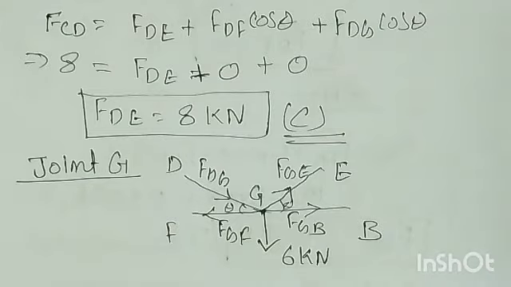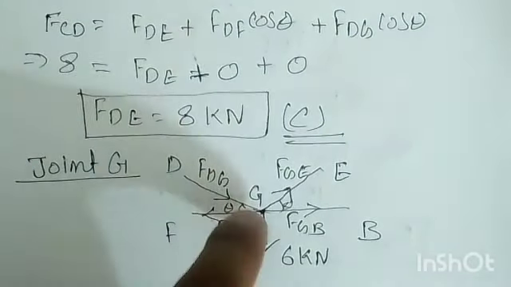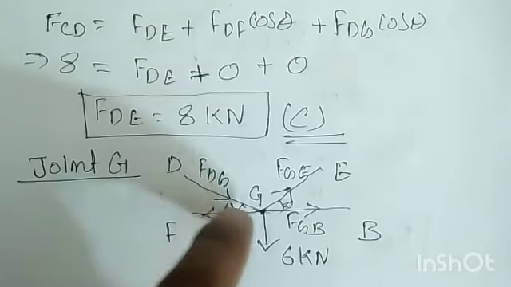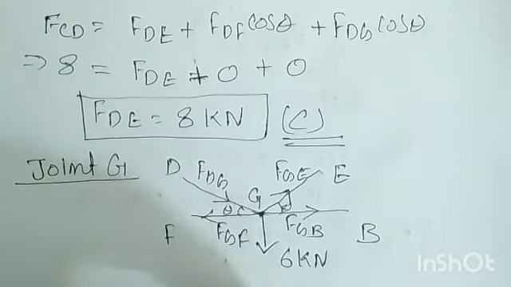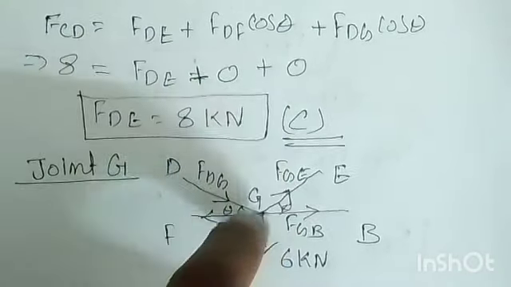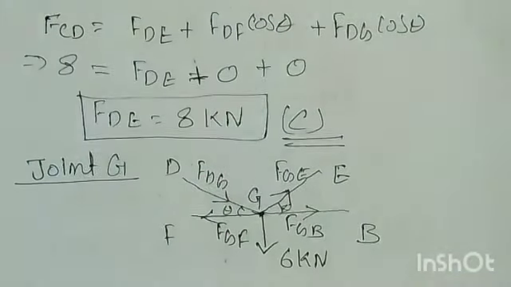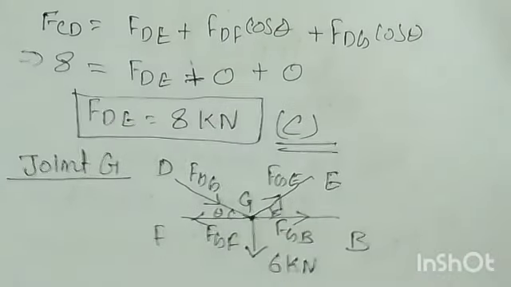So vertical component is what? You can see the vertical force is 6 kilonewton, and these two are balanced by these two forces, means this arrow is downward, so its vertical component will be down. So this force and this force will be added, and it will be balanced by the vertical component of FGE. Okay, so simply you can write down the equation and get the forces in the member.